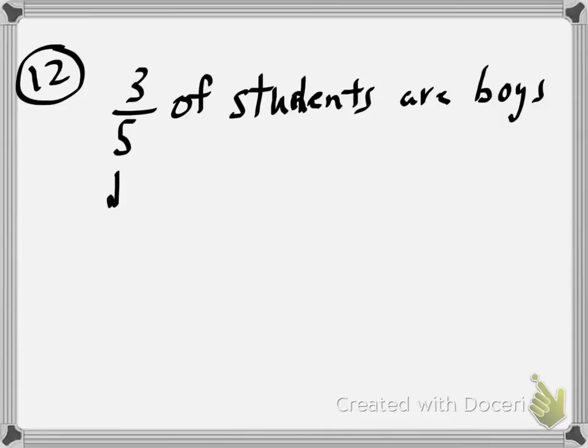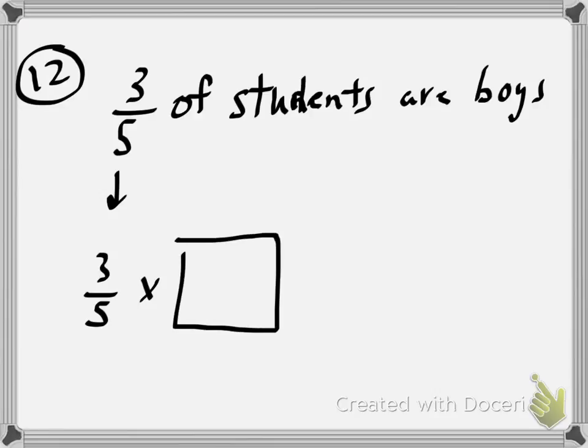So we have 3/5 of, which means times, the students in the class. We don't know how many that is. So that's our unknown. We're just going to box it. The equals sign means equal. And boys, we do know the boys. There are 18. So 3/5 of the whole amount of the class is going to be 18.